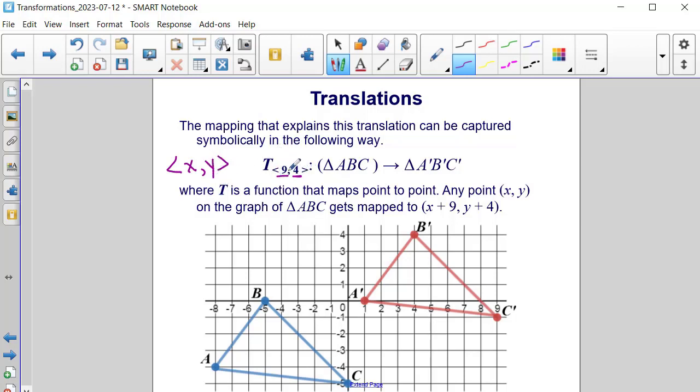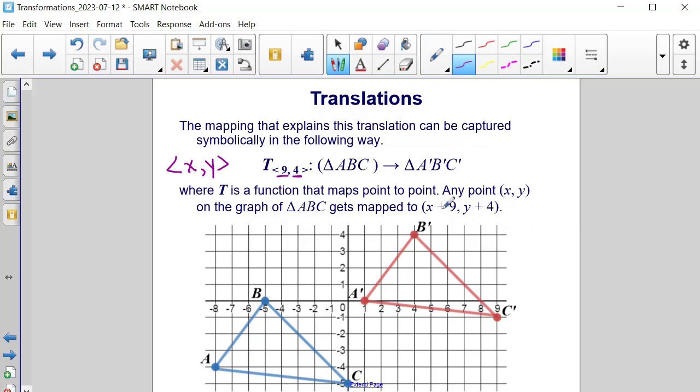So we have this translation of <9, 4> in vector notation of triangle ABC will give us triangle A prime, B prime, C prime. And again, we're saying T is the translation, that's a function that maps point to point, any point (x, y) on the graph of triangle ABC gets mapped x plus 9, y plus 4 units.